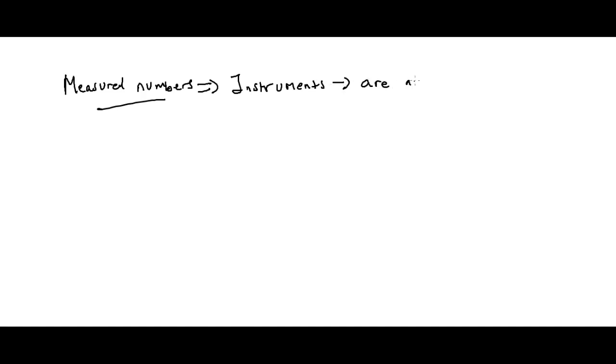So we're going to continue with the next slide about measured numbers. Measured numbers, like I said, are something for which you need instruments. One of the things that we need to know about measured numbers is that they are not always accurate.